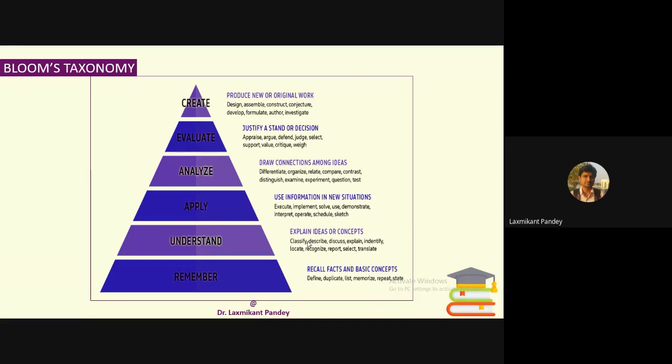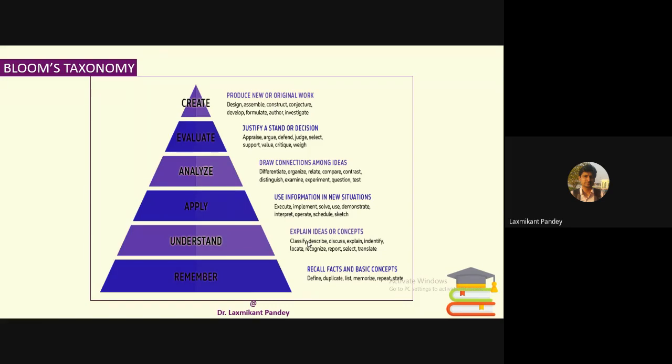Like, as I told you, if you want to grow bacteria in the lab, you cannot make the students understand or remember the things. In that case, you have to apply your knowledge in the form of a small lab experiment. By that, you can give the information to the student.